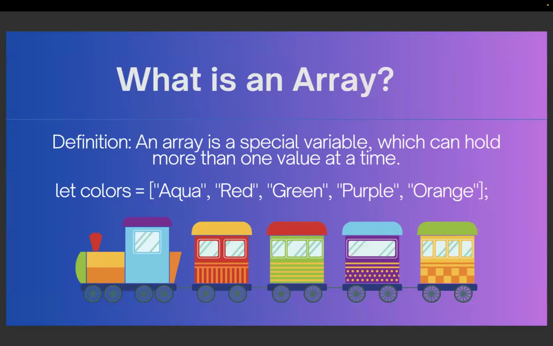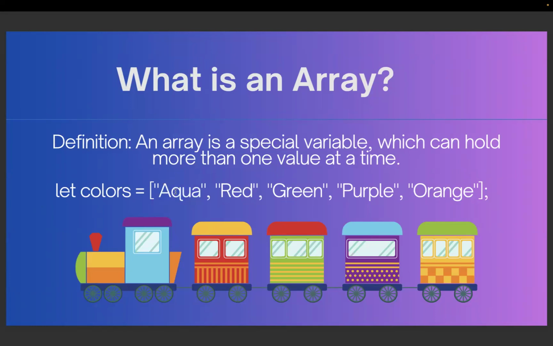What is an array? An array is basically a special variable which can hold more than one value at a time. For example, here the colors: aqua, red, green, purple, orange. This is the presentation I use for my SDET students to help them understand arrays. They're connected, just like a train, but the only way for us to identify each of these elements is, first of all, by the name.